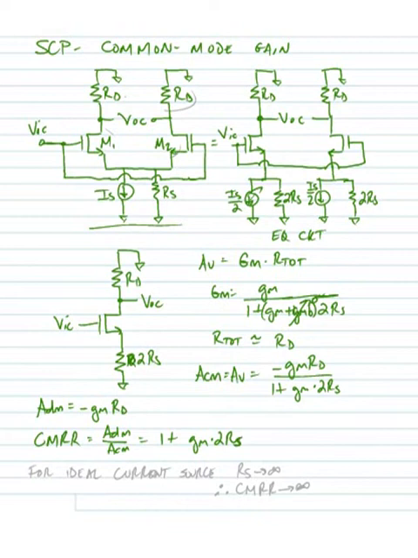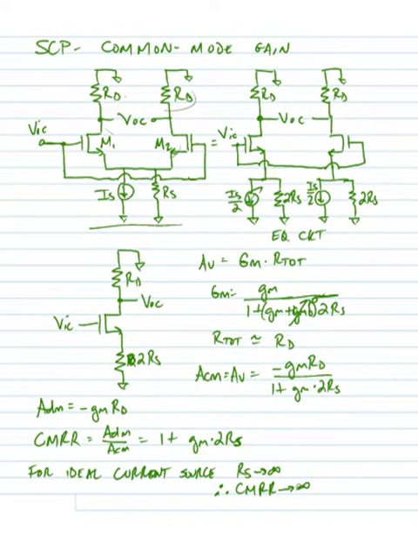So an ideal current source, of course, would see RS go to infinity. And if RS went to infinity, then the CMRR would have to go to infinity. And this is kind of the result we want.